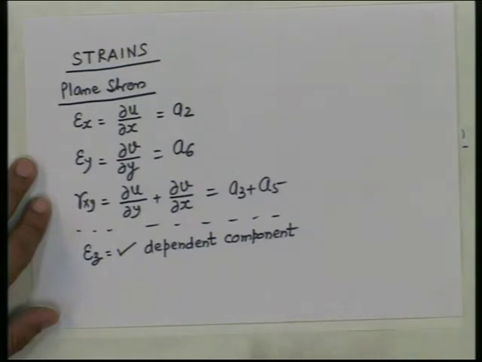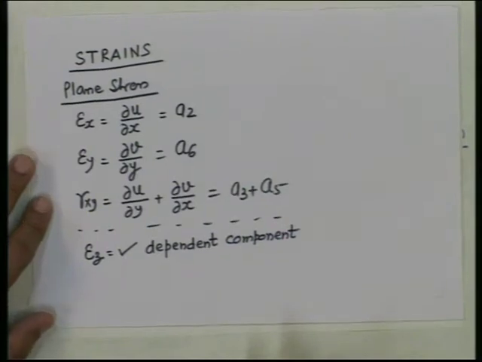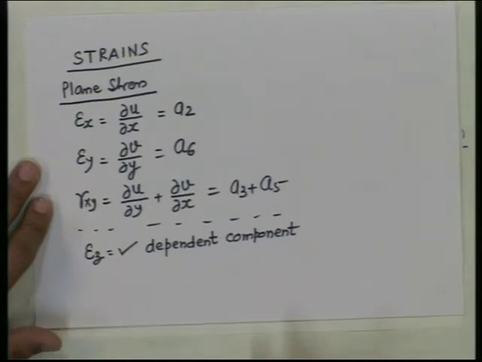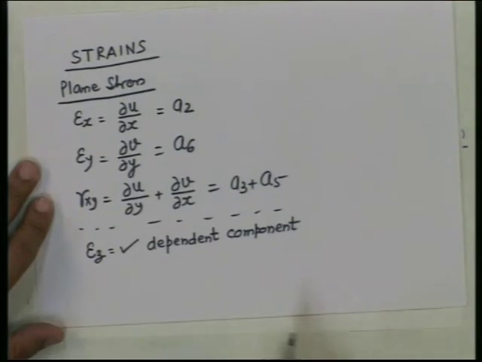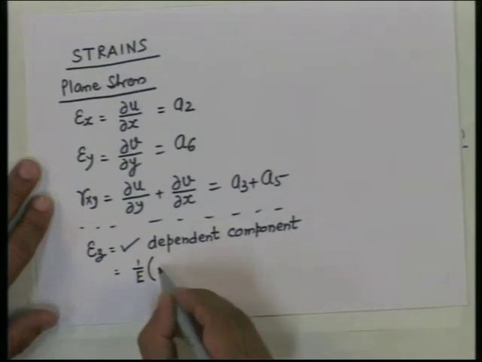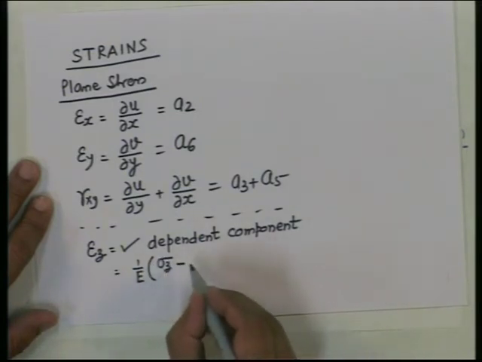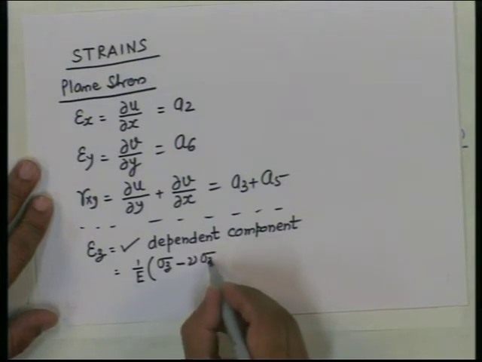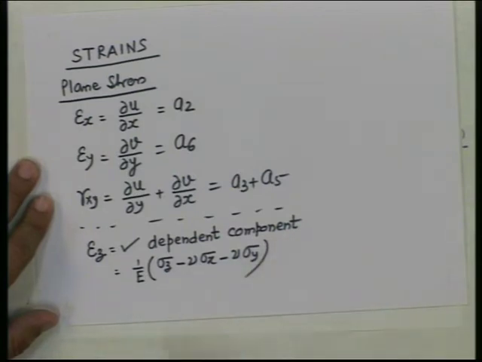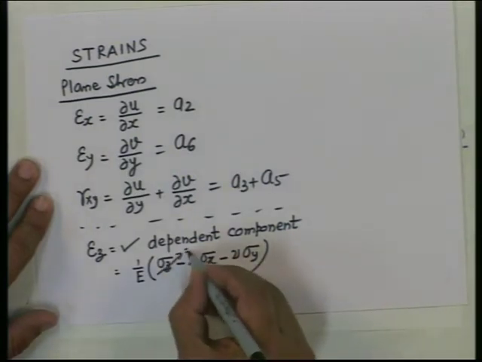Epsilon z will be there: sigma z is 0 everywhere for plane stress, but epsilon z will be present. Epsilon z will be equal to 1 by E times sigma z minus nu sigma x minus nu sigma y. Sigma z is equal to 0.